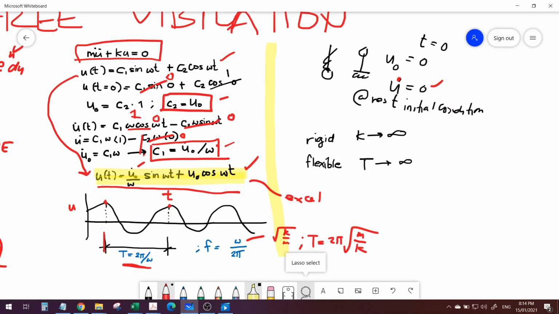Now, since this is free vibration and undamped, if you plot this, it will be continuous. The amplitude of motion will be infinite, because you have no damping to damp out the motion. So that's why you come up with this kind of graph.